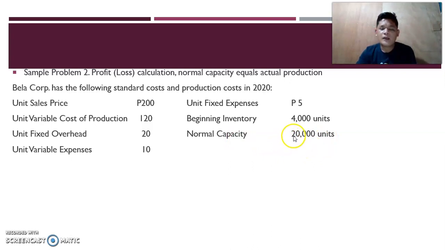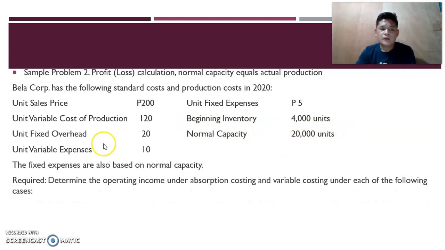Pero kapag, let's say for example, naging 21,000, favorable sa company. Why? Ito lang yung normal capacity mo, 20,000 units. Pero bakit naging 21,000? So, ibig sabihin, nadagdagan yung production mo. So, it is favorable on the part of the company. So, the fixed expenses are also based on normal capacity.